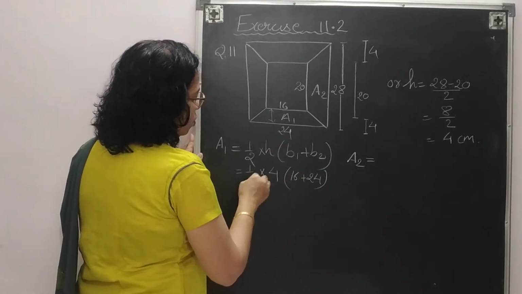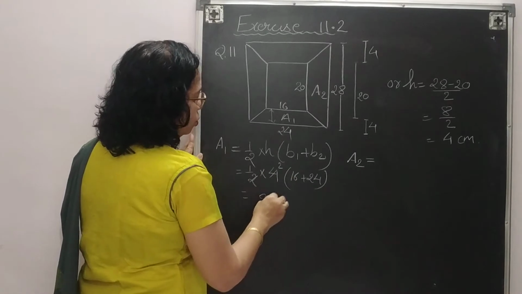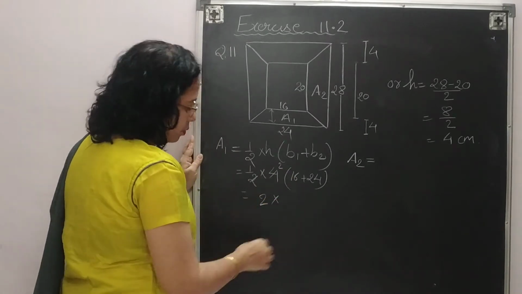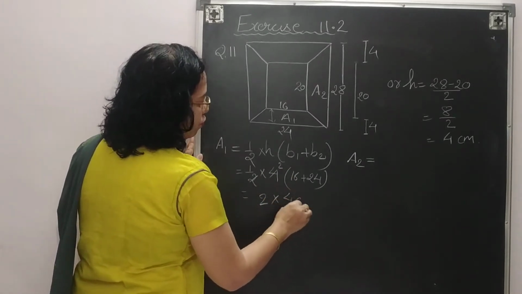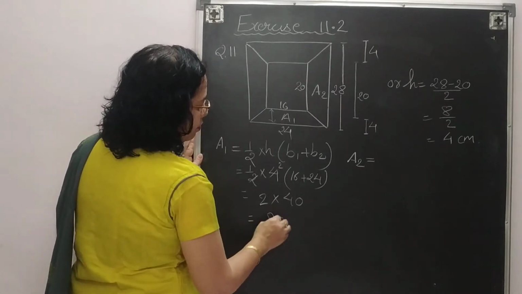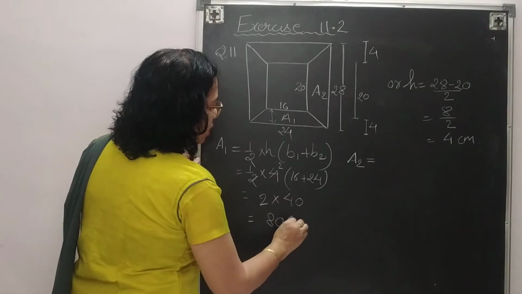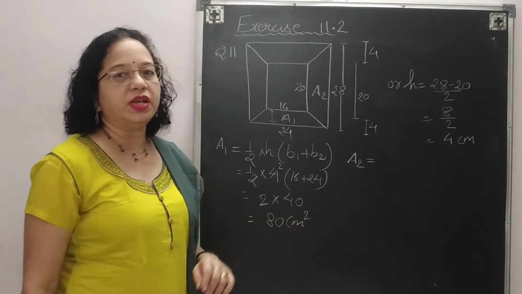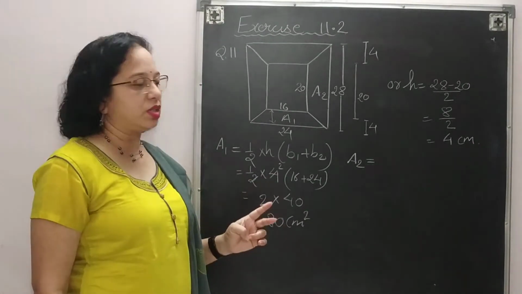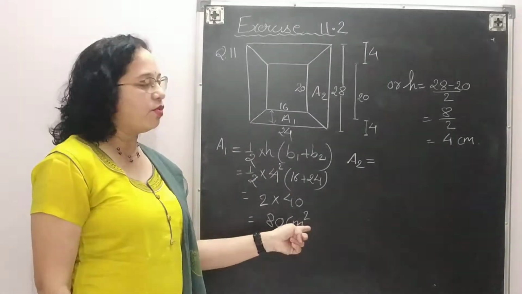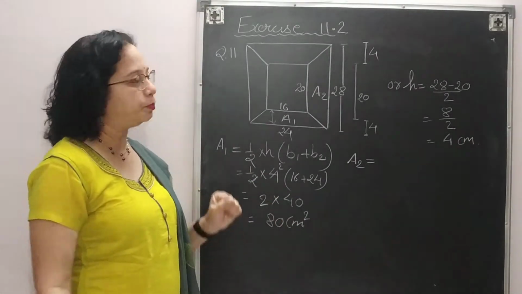Next step, you can cancel the numbers. So 2 multiplied by 16 plus 24, which is 40, gives 80, and all the units are in centimeter. So the unit of area will be centimeter square. This is a two-dimensional figure, length and breadth, so the power will be 2, centimeter square.